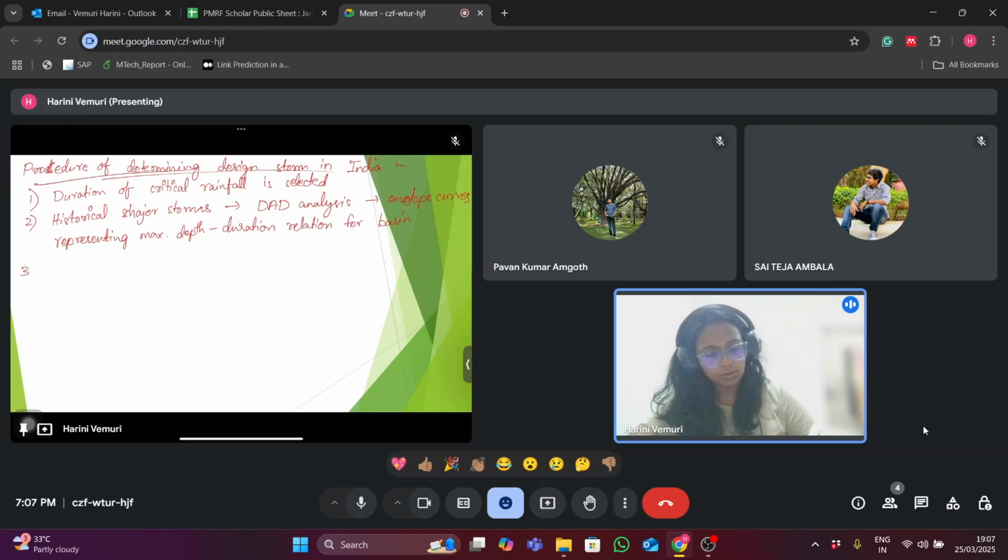Okay. Then we'll calculate cumulative rainfall depths for convenient time intervals using these envelope curves.